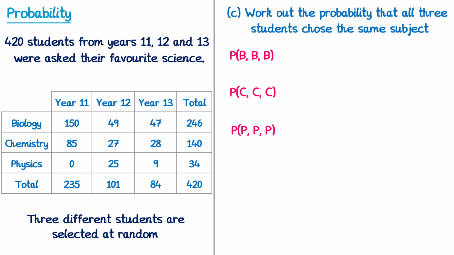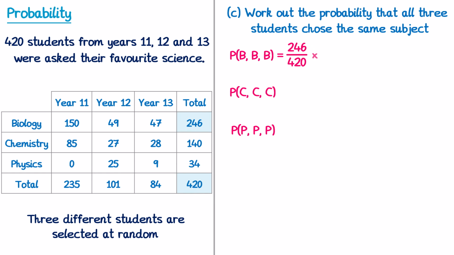The probability that the first student picked biology is the total number that picked biology, so 246, out of the total number of students, 420. So it'll just be 246 over 420. Now since we are selecting different students, we can no longer select that same student once again, which means the number of students to pick from that selected biology has decreased by 1, and also the total number of students that we can select from has also decreased by 1.